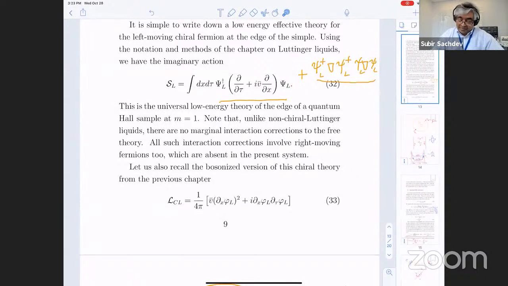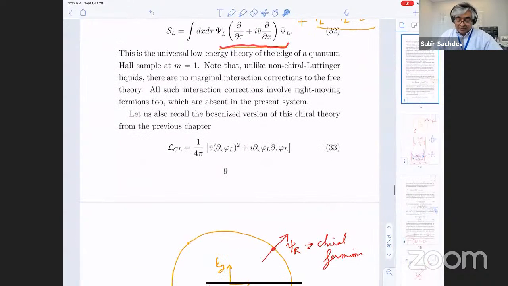But we showed in the previous chapter that this free fermion theory is exactly equivalent to this chiral boson theory of a boson that's also dispersing linearly, and has this Lagrangian and corresponding Hamiltonian and commutation relation that I won't bore you with.